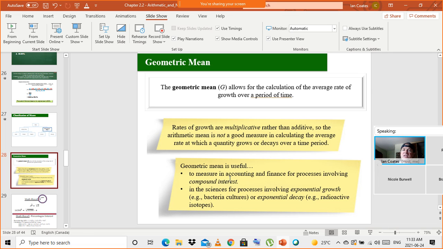We use geometric growth with bacterial cultures and with interest rates when you're making money. You put $100 in the bank at 10%, and how much money will you have after 3 years? We're going to get into that. It's not so bad.